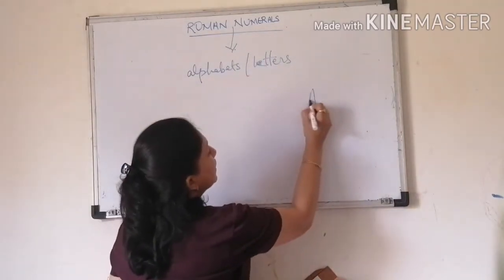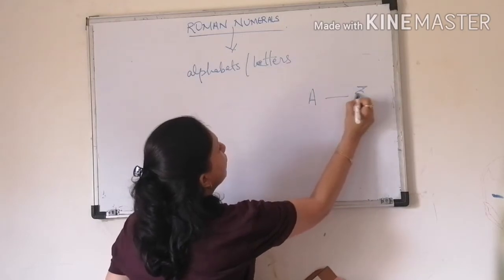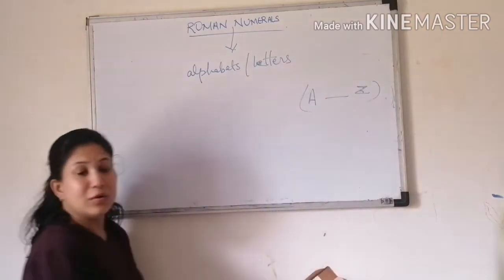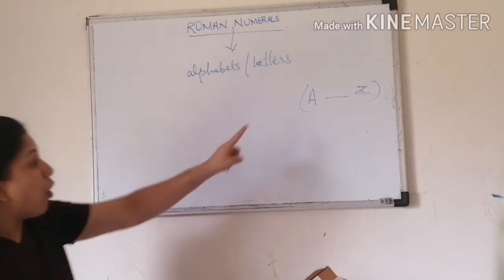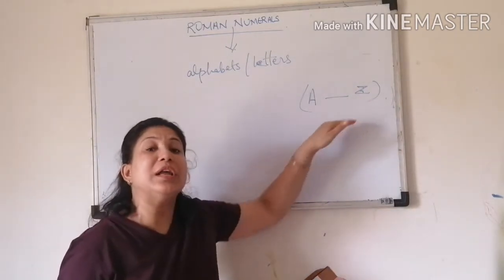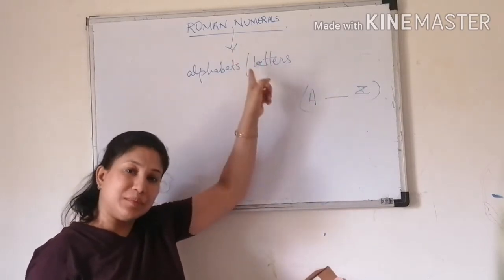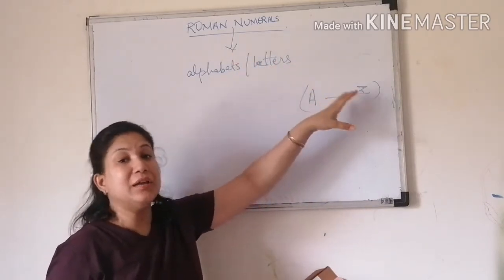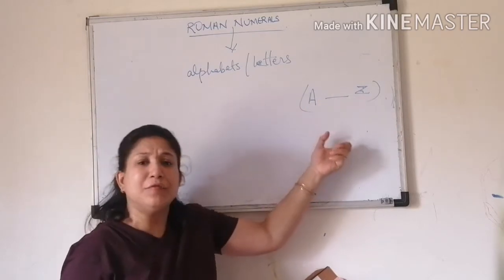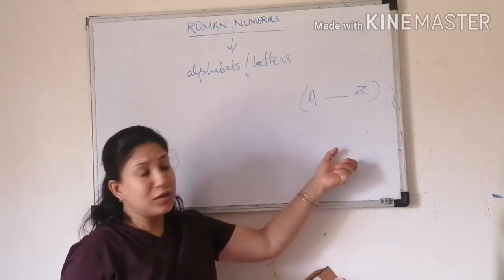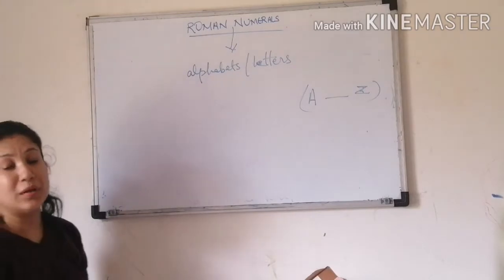We have in all 26 alphabets, A to Z. Yes, all the alphabets are not included in Roman numbers to represent them. Collectively, we use very few letters in Roman numbers.